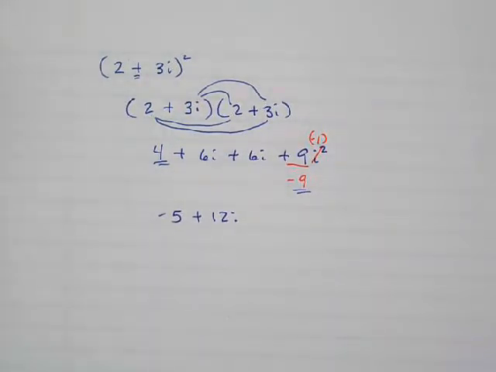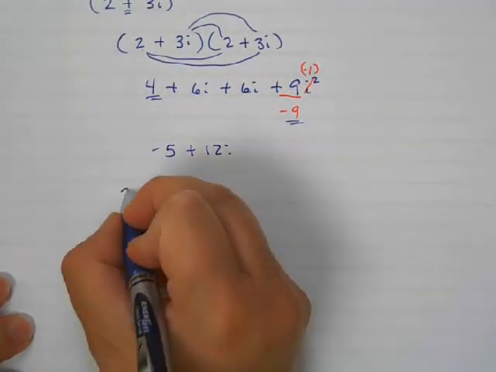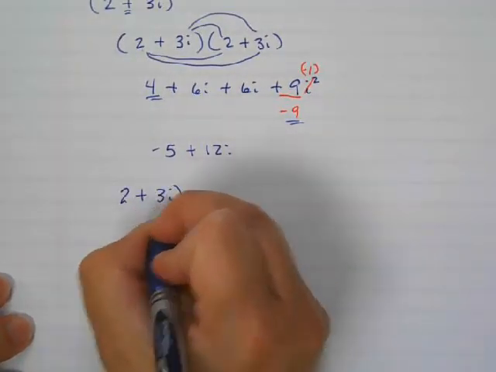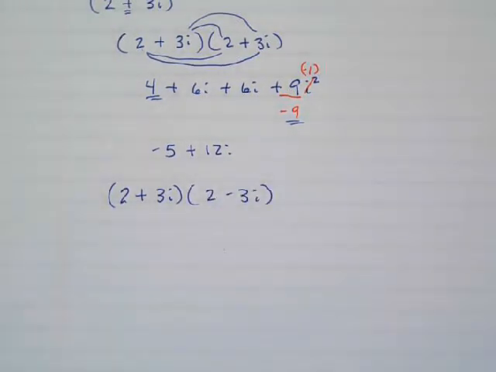I want to do one more with you. Let's do one where it's the same numbers, but different signs. So 2 plus 3i and 2 minus 3i. We've seen something like this before. We'll see if we can't go back and make a connection.